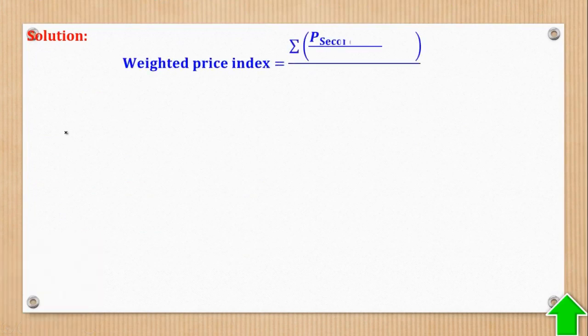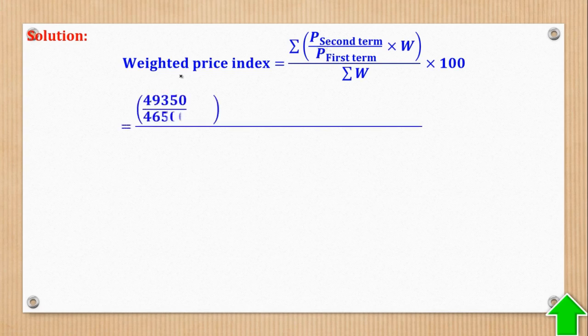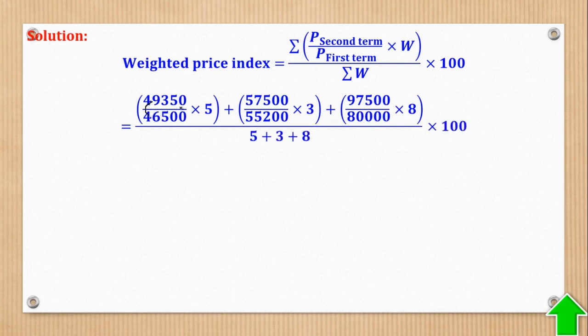So still the first thing to do is to quote the formula. In this case, first term prices are the base and second term prices are the current. Then we can substitute current price, base price, weight, over the total of all the weights.